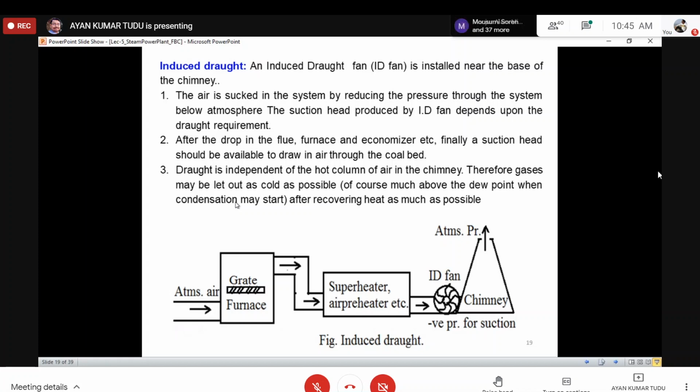Okay, so as you can see, then what is the function of the chimney in this ID fan? So obviously the function of the chimney in this induced draught is to dispose of the hazardous smoke and the gases high up in the atmosphere, as rules pertaining to smoke nuisance require.